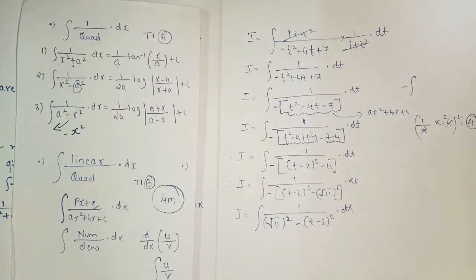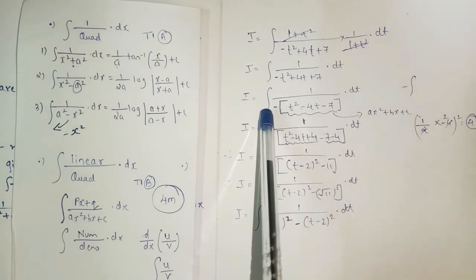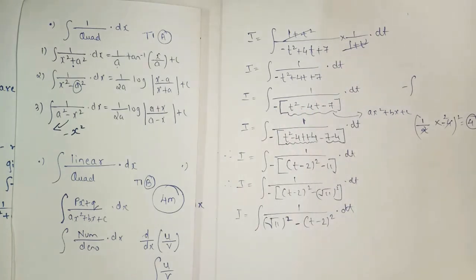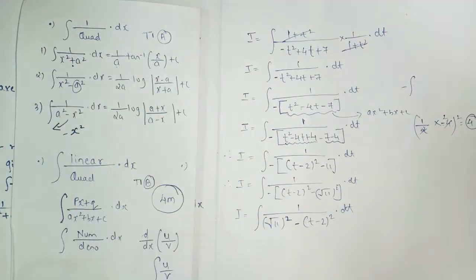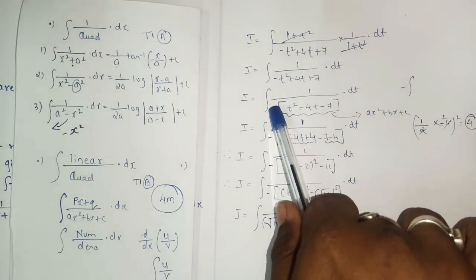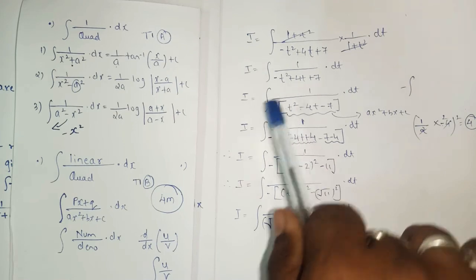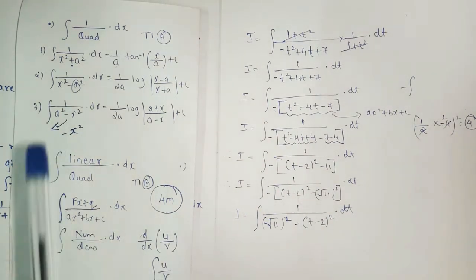If you stick with the first and second formula by making the symbol positive, you will end up getting the wrong answer. When you will see the backside answer, it will be different. So why it will be different? Because whenever the square term is negative, see to that we have to apply the third formula only. So this is the format where you have to make the symbol first positive, and then after that you have to convert the integral in this form.